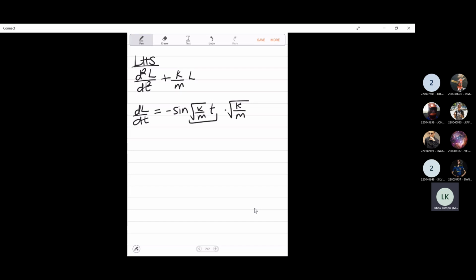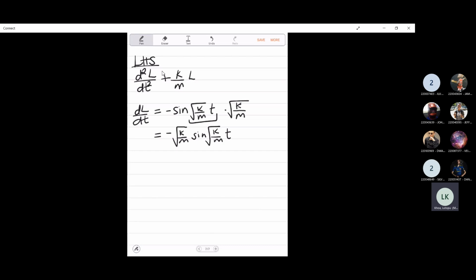So you can simplify this and write it better. This is minus square root of k over m sine of the square root of k over m times t. That is the first derivative.